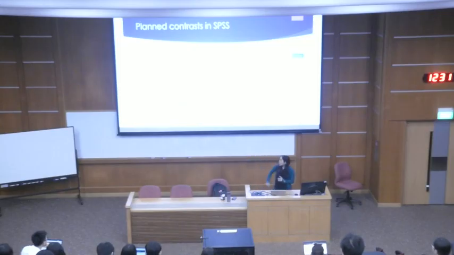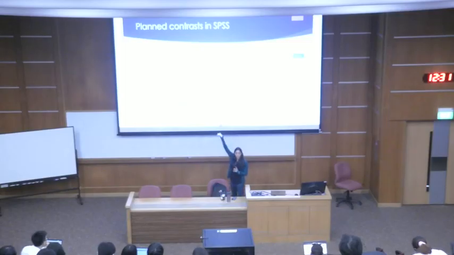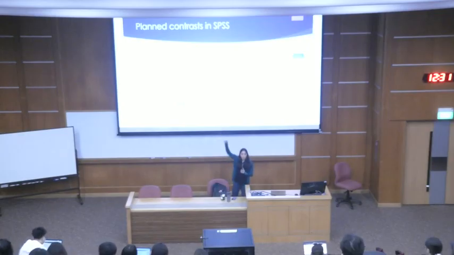So minus 2 is for group control, positive 1 is for beginning, positive 1 is for end. The order in which you enter the weights should correspond to the order in which the groups are labeled in SPSS. If control had been my last group, like beginning and control, then it should be 1, 1, minus 2.